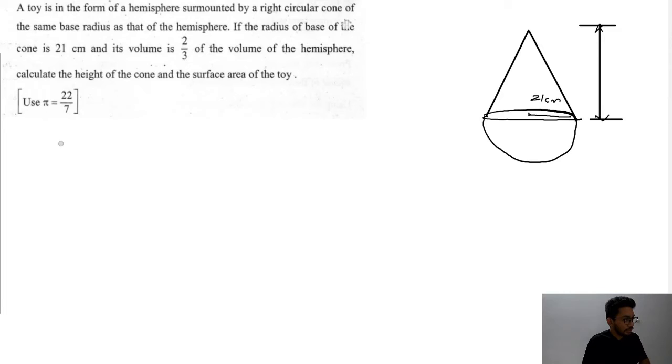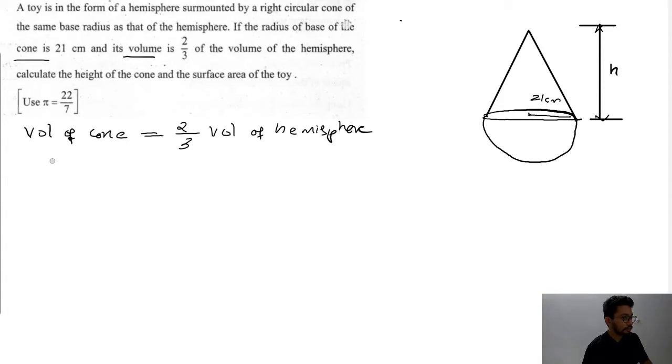They have given that the volume of the cone is 2 by 3rd of the volume of the hemisphere. So we can write volume of cone equals 2 by 3rd of the volume of hemisphere. We know the volume of a cone is 1 by 3 pi r square h.